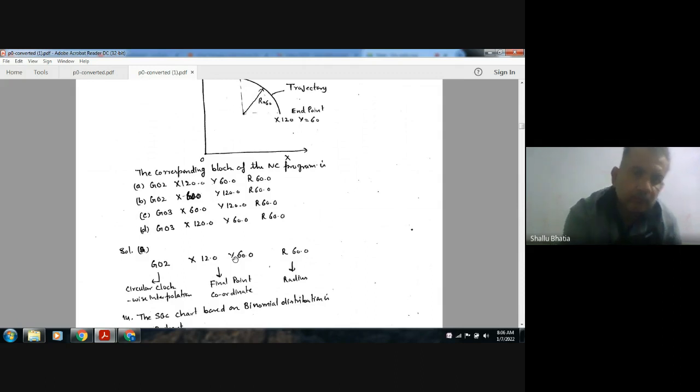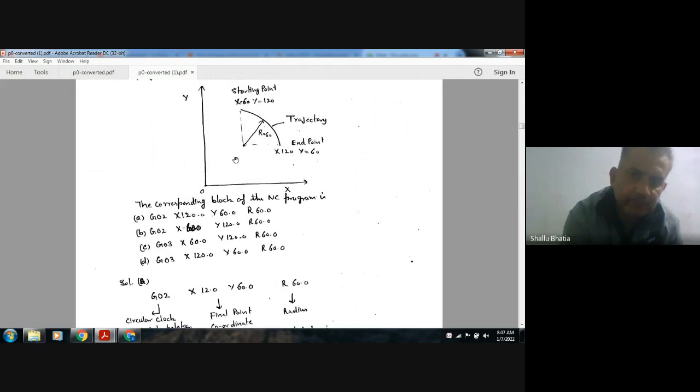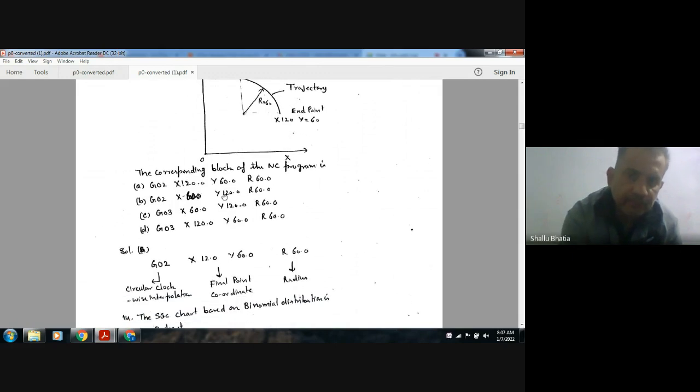Here there are two codes in these options, G02 and G03. As we are going in the clockwise direction, we will use G02, and for anti-clockwise it is G03. Then we will use the end point: X is 120 and Y is 60.